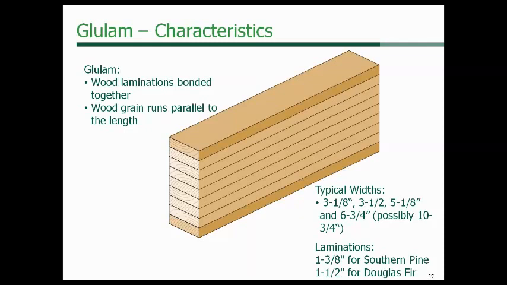The widths typically range anywhere from about 3 1/8, 3.5 inches wide, up to 10 3/4 inch in widths. Some of the smaller sizes will probably be readily available. Larger sizes might have some lead time. And the nice thing about Glulam is that you can have it custom made in any size you want, really. As long as it can be transported, I guess.